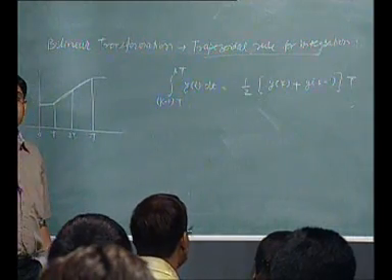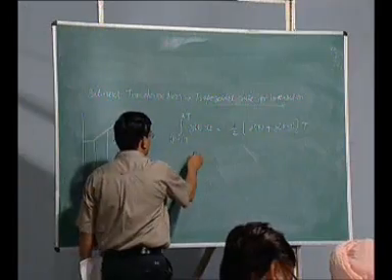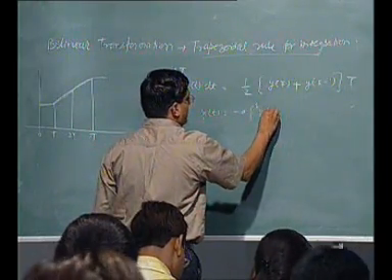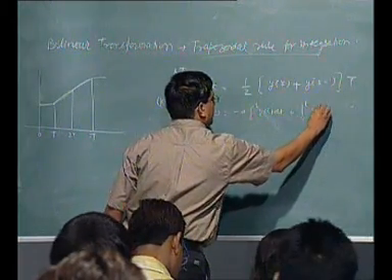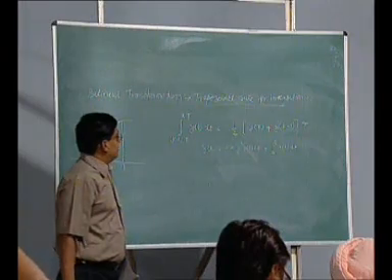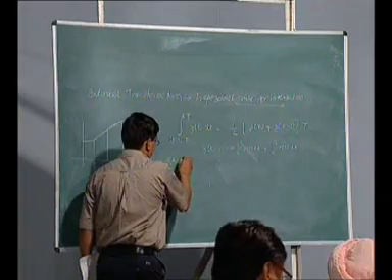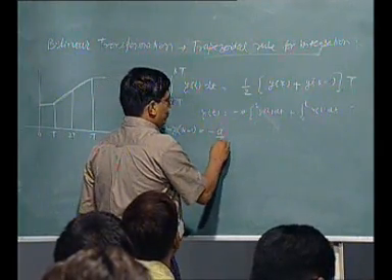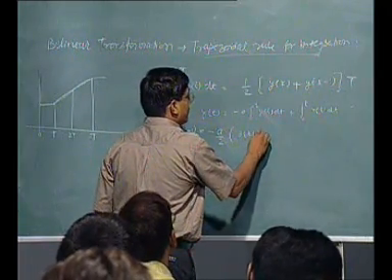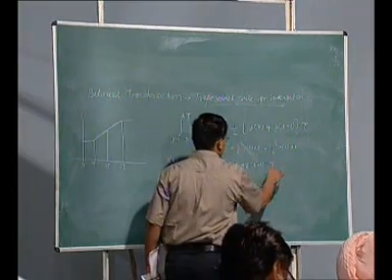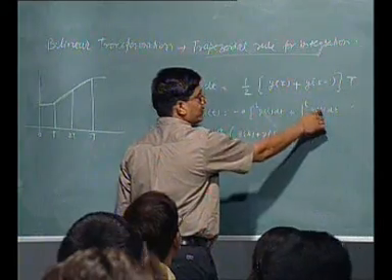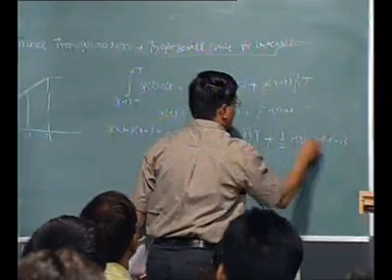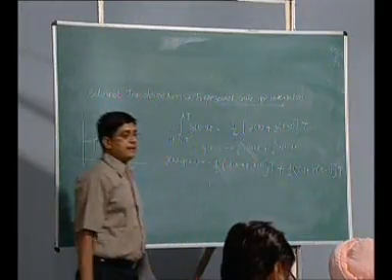Now again taking the same differential equation, that is y(t) equals to minus a integral 0 to t y(t) dt plus integral 0 to t r(t) dt. Now we can write y_k minus y_(k minus 1) equals to minus a by 2 (y_k plus y_(k minus 1)) T plus, for r(t), again half (r_k plus r_(k minus 1)) into T. Is it clear?